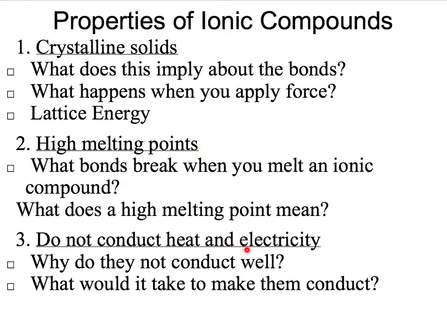So why do they not conduct electricity? Well, the flow of electricity is quite simply the flow of electrons. And for electrons to flow, they need a path to flow. And as I look at each of the parts of my ionic compound, it's made up of cations and anions. And each of those hold on to their electrons fairly tightly. The cations have lost their entire outer energy level.